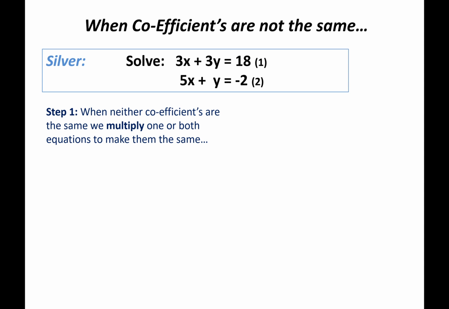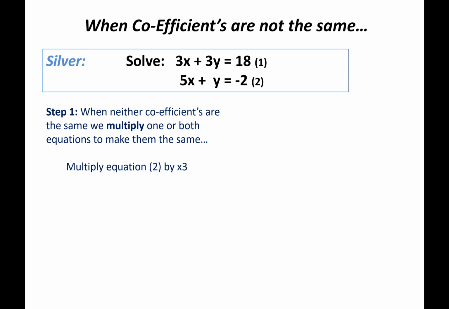So here we do not have the same number in front of either letter. We need to multiply one or both of your equations so that we have the same number in front of either the letter x or the letter y.